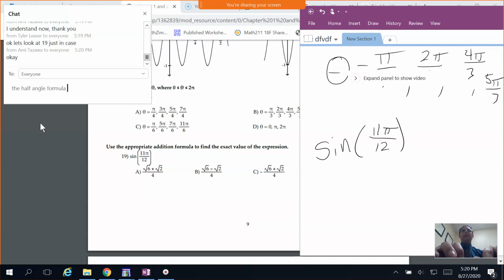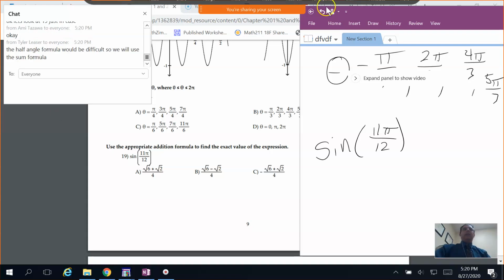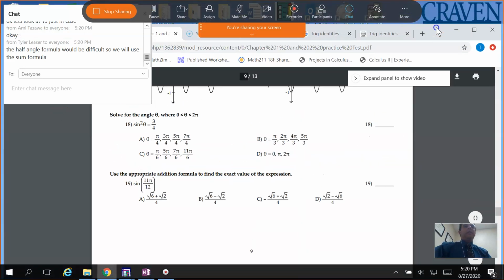So for this one, number 19, sine of 11 pi over 12, the half angle formula would be difficult. So we will use the sum formula for sine. And I hope I still have the identities up. Let me see. Yes.